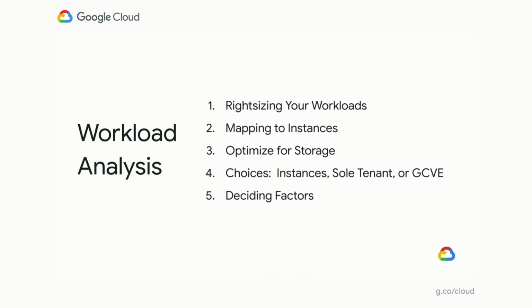Lastly, there's some choices that we need to make around how we want to put these on the cloud. Traditionally, we'd always put resources out there as instances in the Google Cloud, where every operating system got its own instance on a shared resource in the infrastructure. But with the advent of sole tenant nodes, we can move our own workloads onto a dedicated host, which is only occupied by our own organization and not shared with anybody else. True advantage of sole tenant nodes also is oversubscription.